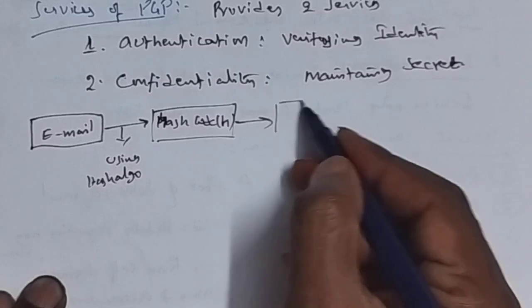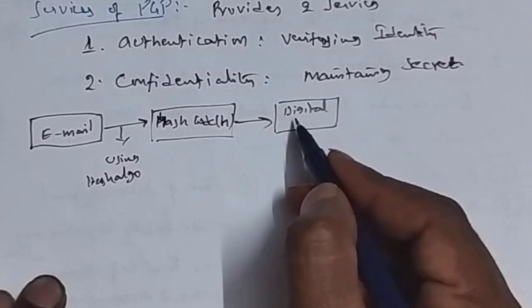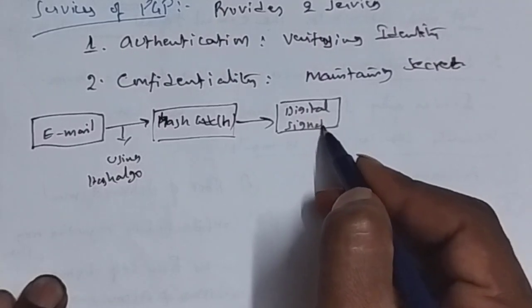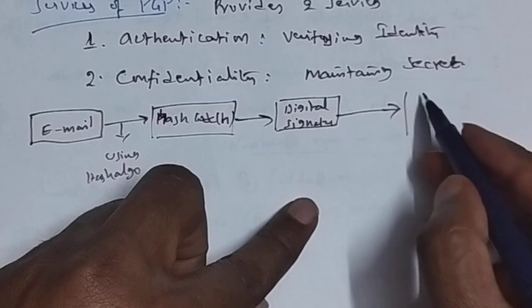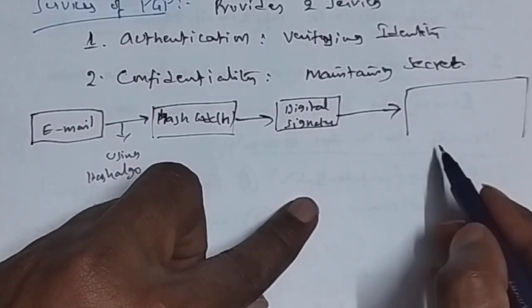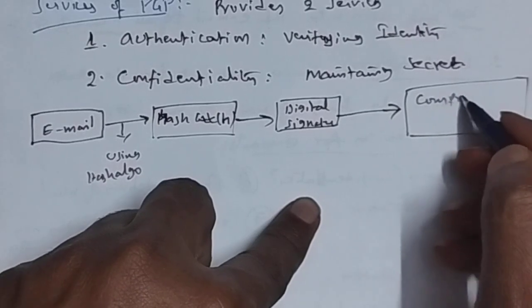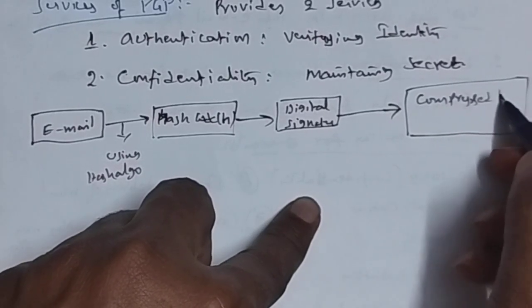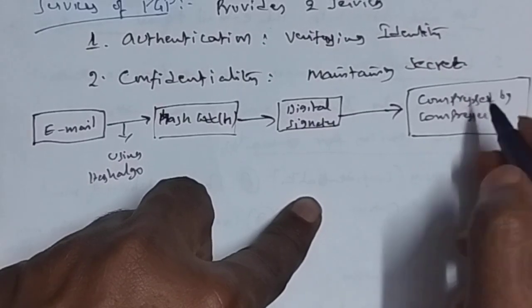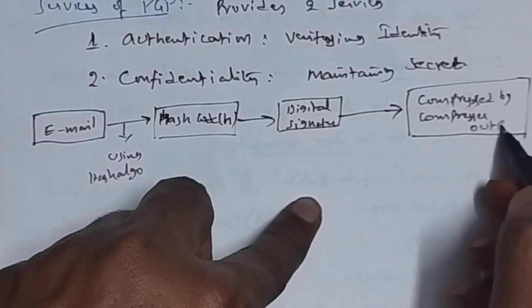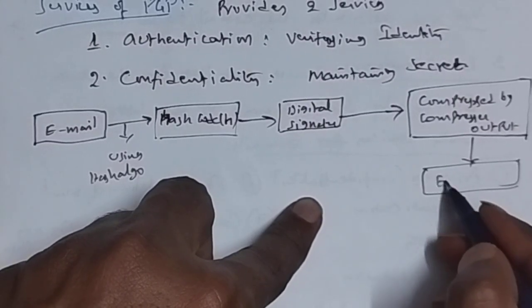That goes for digital signatures. Again it goes to the compressor, and the compressor output goes for encryption.